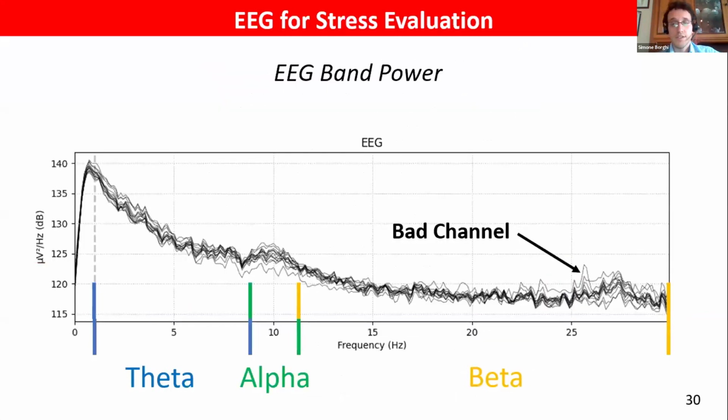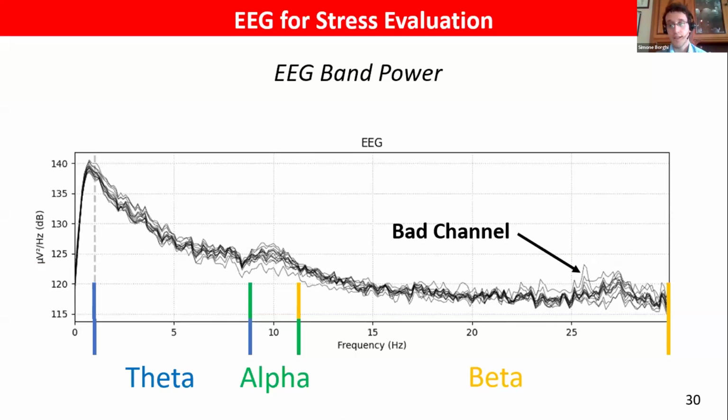This figure shows the power spectrum of a signal obtained from a participant in this experiment, not yet preprocessed, obtained during a task, included in a frequency band of interest in which the metrics that can be used for stress analysis are found, that is, theta, alpha, and beta frequency bands.